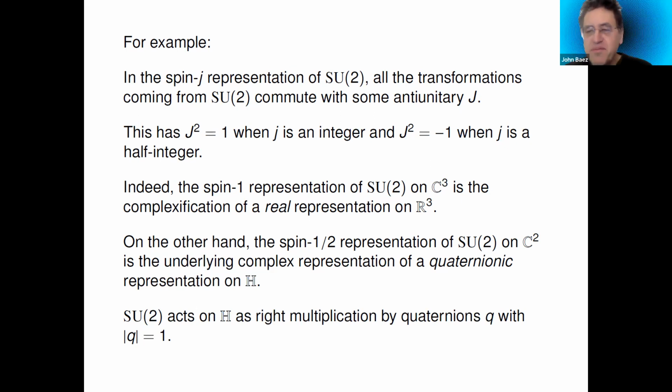Yeah, this is the best way to prove that SU2 times SU2 covers SO4. So you can show that SU2 times SU2 acts on the quaternions, preserving the real inner product. And then you can check that map. It's pretty easy to check that map is 1-to-1.